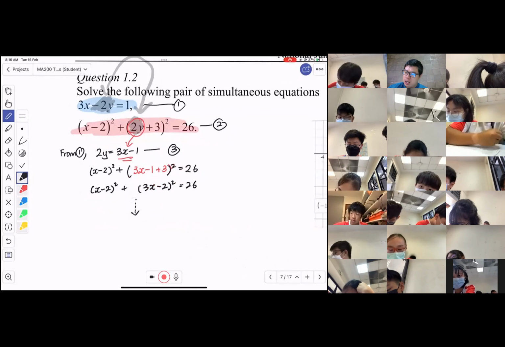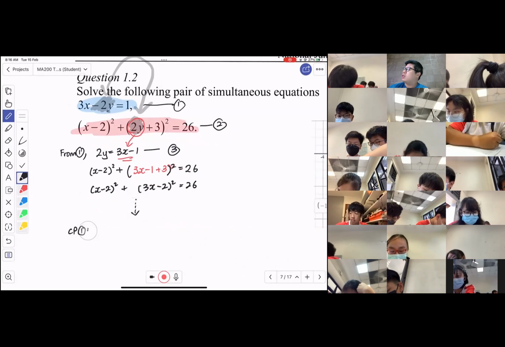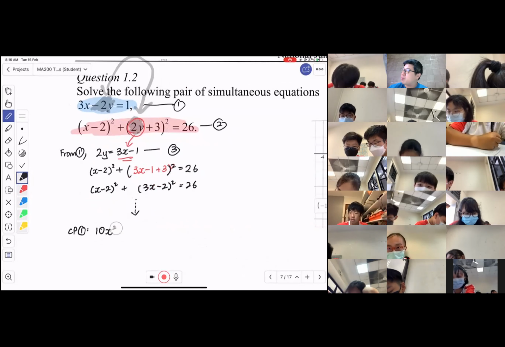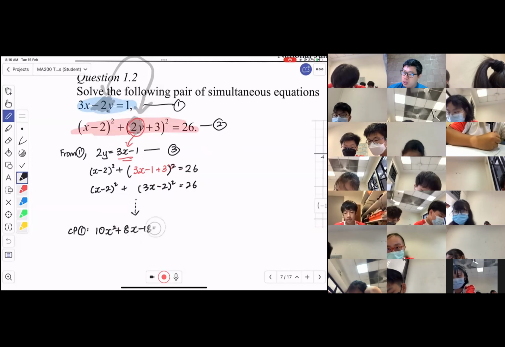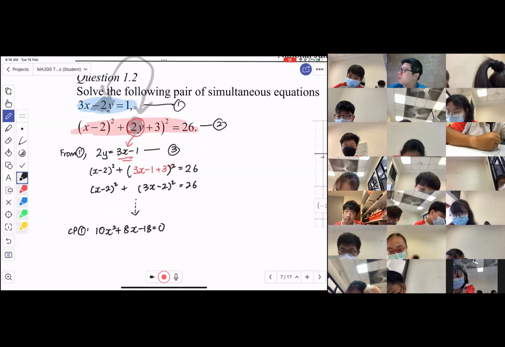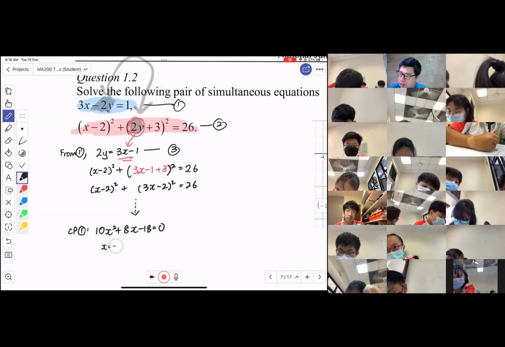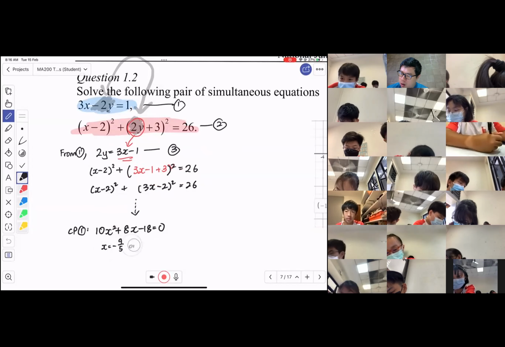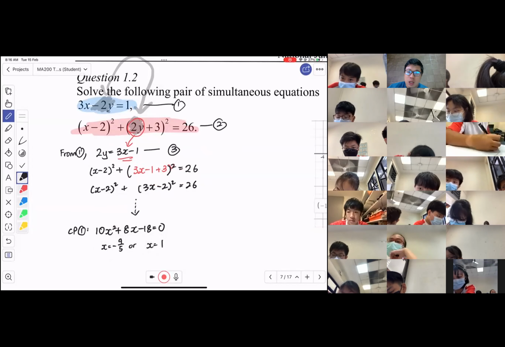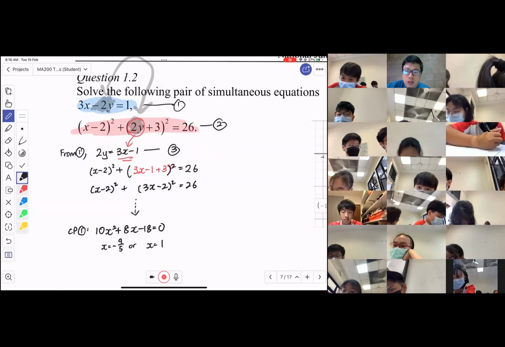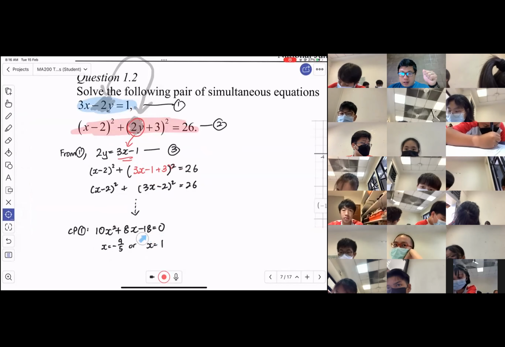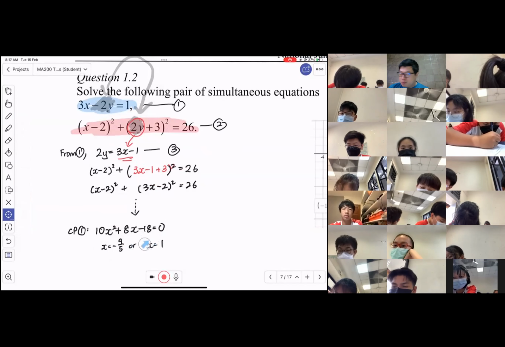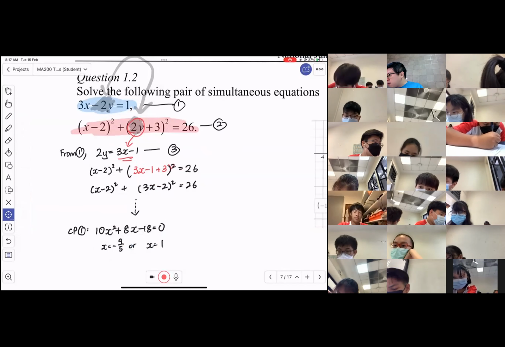Simplify this. For checkpoint 1, this is the key equation that you should get: 10x squared plus 8x minus 18 equals 0. Remember, you can divide by 2. Your x should be equal to negative 9 over 5 or x equals 1. Just now, one boy asked me to check on question 1.2, just make sure your answer is these two answers.